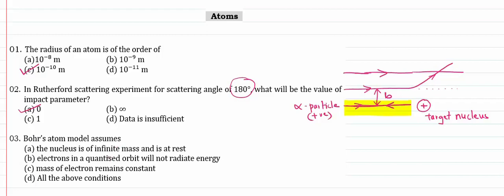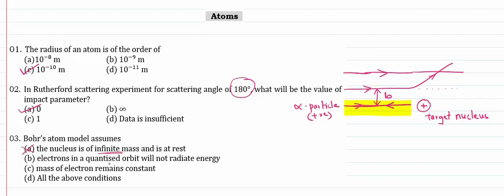Clear? Third one. Bohr atom model assumes, first one, nucleus is of infinite mass and is at rest. So this is wrong.